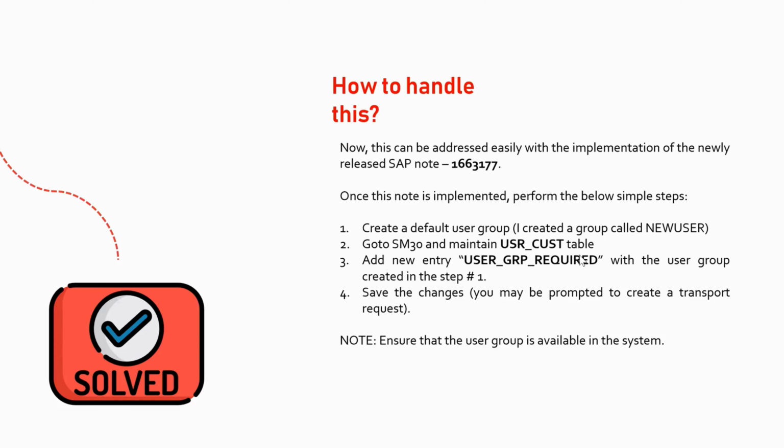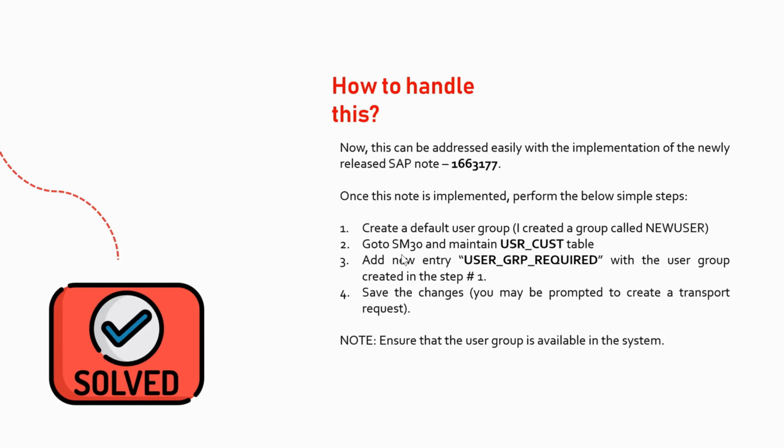In case you are not aware of this table, I'm sure most of you would have worked on SSM_CUST and PRGN_CUST. But USR_CUST is a table introduced to customize or maintain settings for users and authorizations.